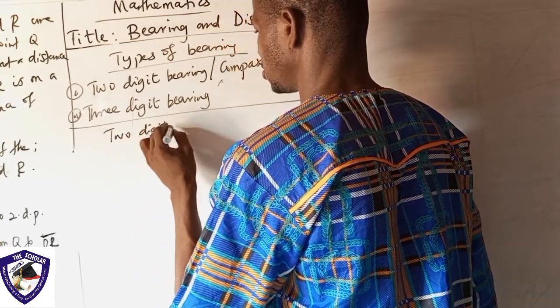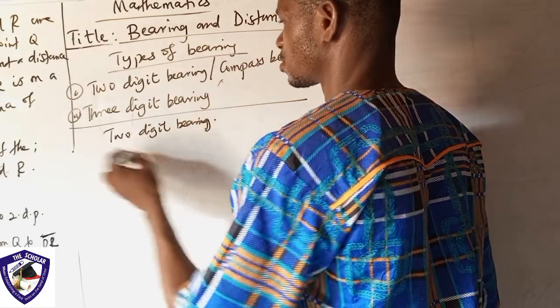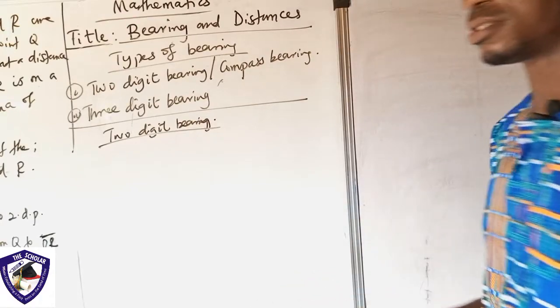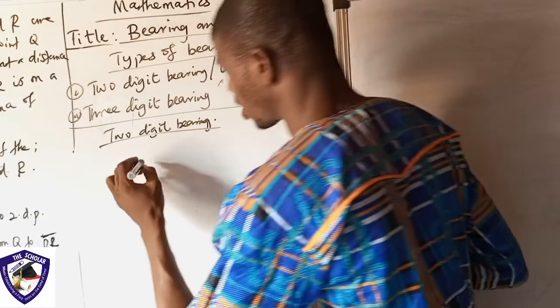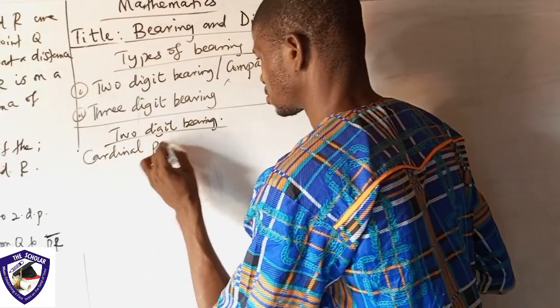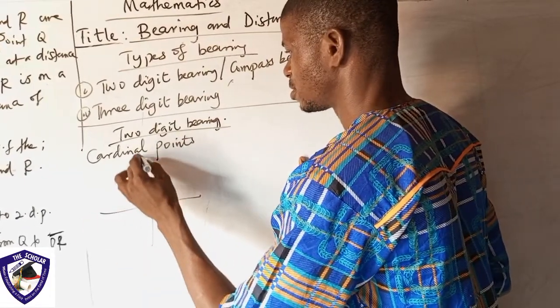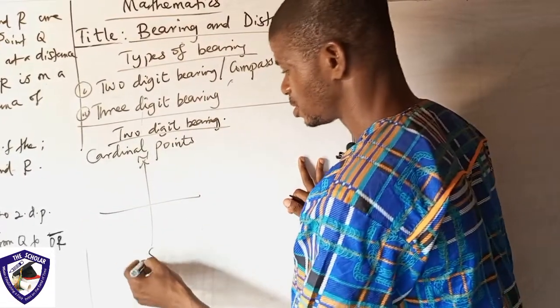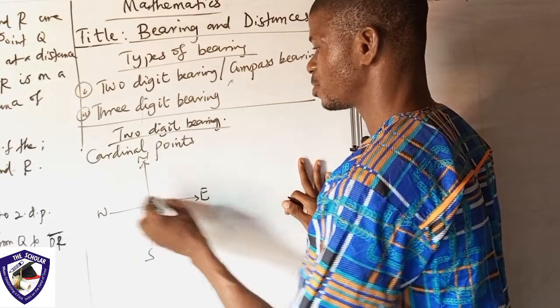Now, starting with the first one, two-digit bearing or compass bearing. As we all know, in nature, from the globe, we have basically four cardinal points: the North Pole, the South Pole, the West Pole, and the East Pole.